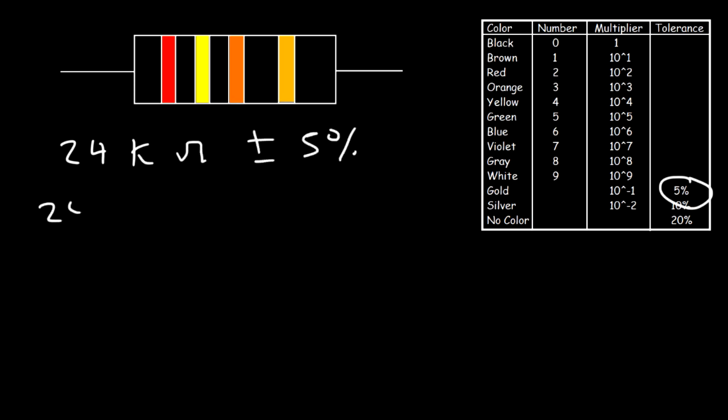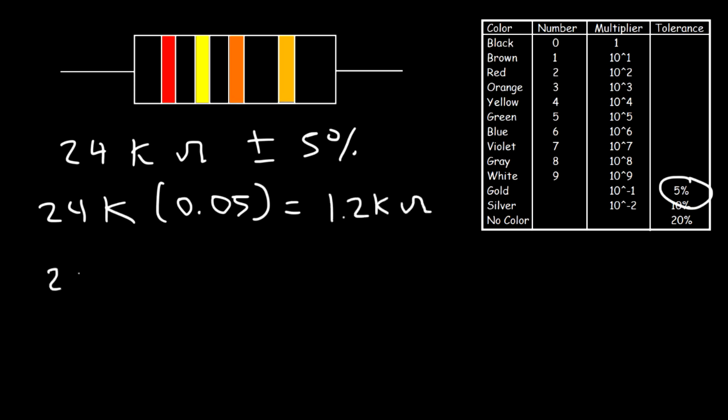So let's multiply 24K by 0.05, which is going to be 5% of it. And that's about 1.2 kilo ohms. So the actual resistance can vary between 1.2 kilo ohms from 24 kilo ohms.